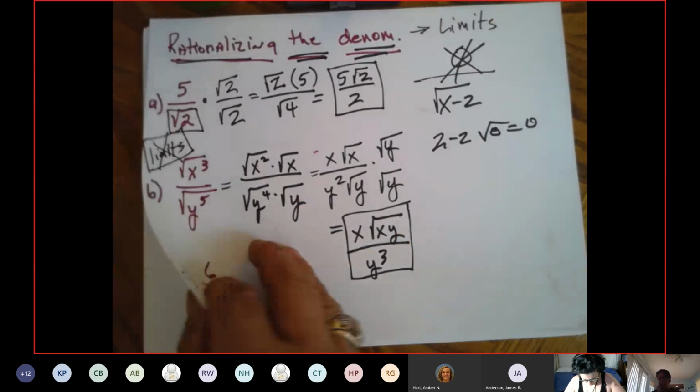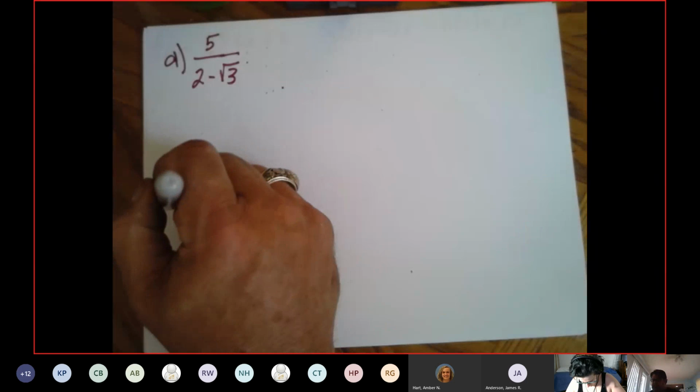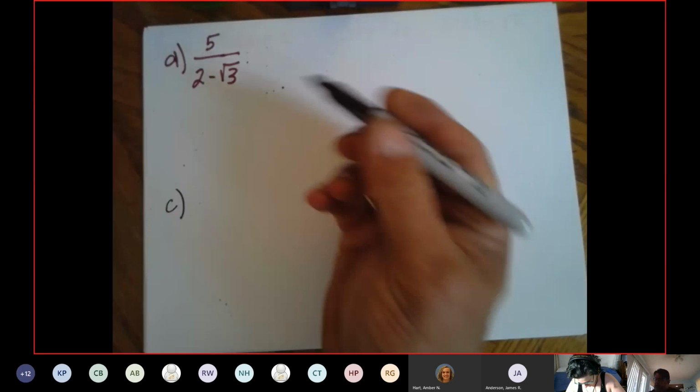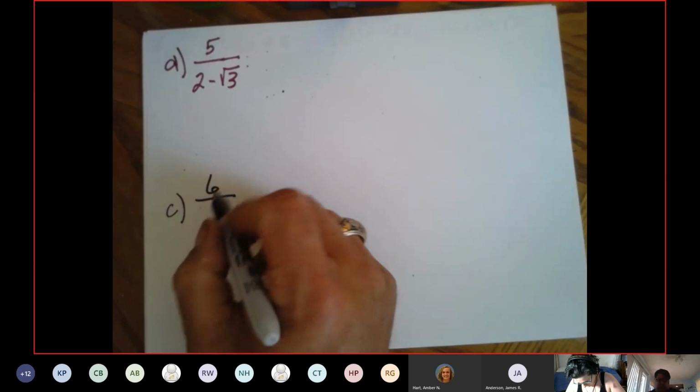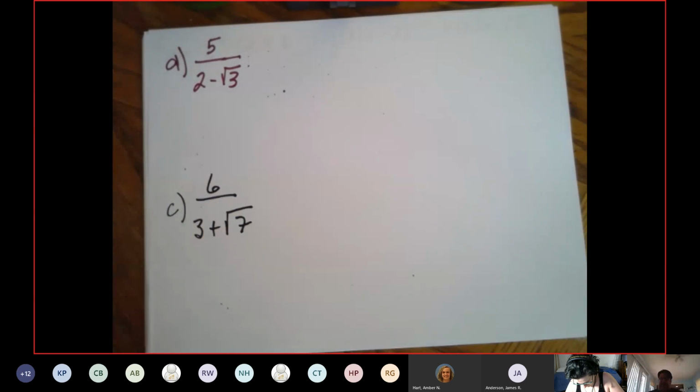Let's put C right here. 6 over 3 plus square root of 7. Now, can anybody remember from high school or Algebra 1 and Algebra 2 or 101 and 102? Can somebody on the discussion board, message board, chat board, whatever, tell me there?